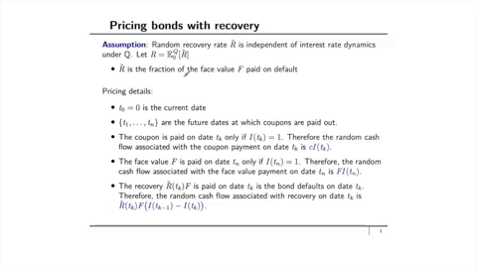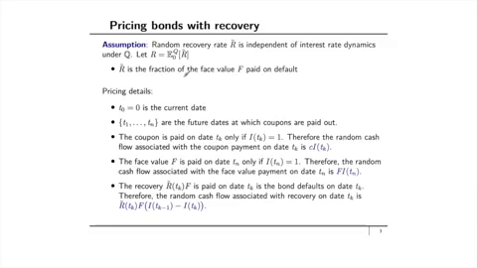The recovery itself is random, so recovery at date Tk is going to be R tilde Tk, the random recovery rate, times the face value F. But this random quantity is going to be paid only if the default occurs on date Tk, which has the indicator variable ITk minus 1 minus ITk. Therefore, the random cash flow associated with the recovery on date Tk is going to be R tilde Tk times F times ITk minus 1 minus ITk.